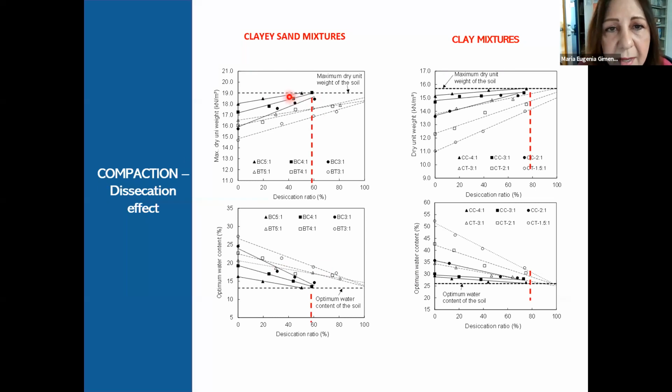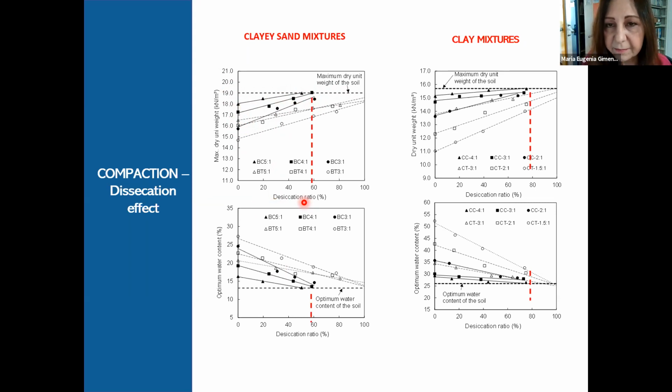Here is an example. Here is the maximum dry unit weight of Botucatu clay sand. Then here are the maximum dry unit weights of the mixtures and the correlations versus desiccation ratio. What's the use of these correlations? I think there are some practical uses.